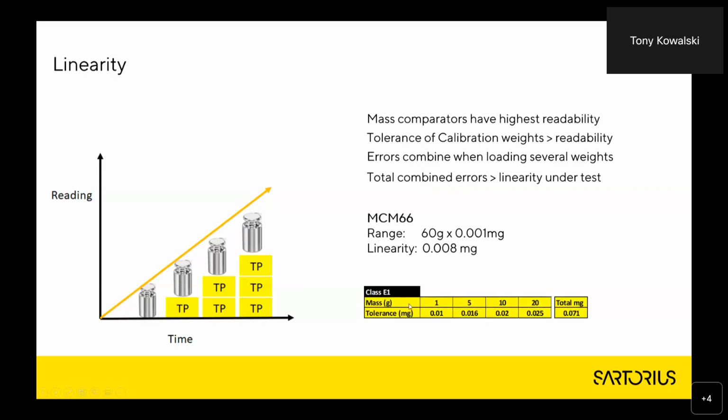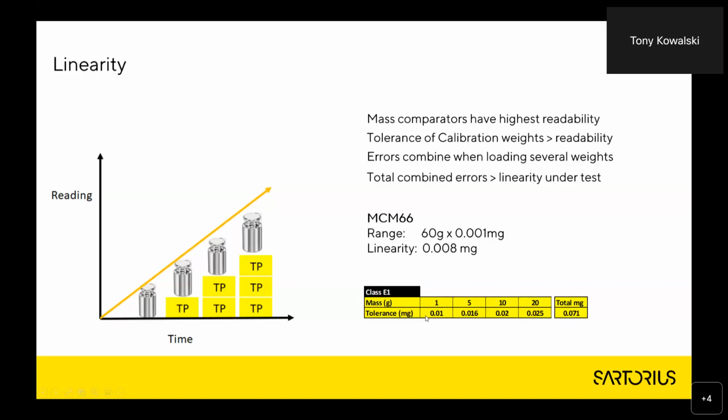So if we added together a 1 gram, a 5, a 10, and a 20, these are the tolerances of those weights, class E1. We've already got a total tolerance error almost 10 times bigger than the value we're trying to measure.